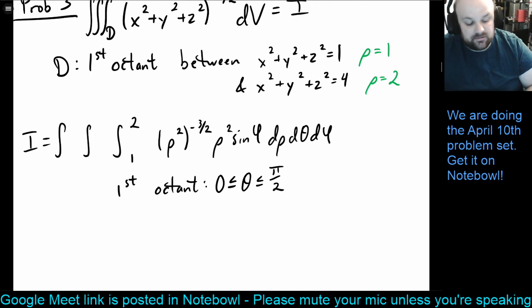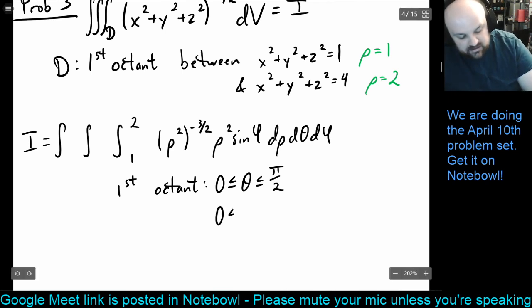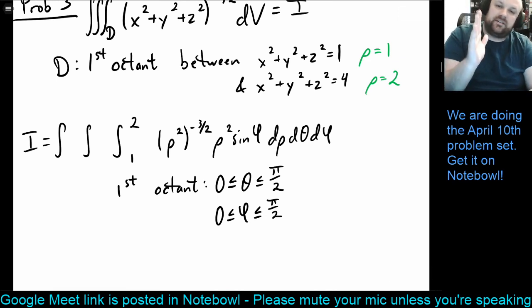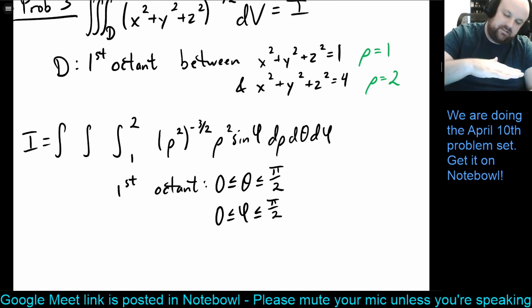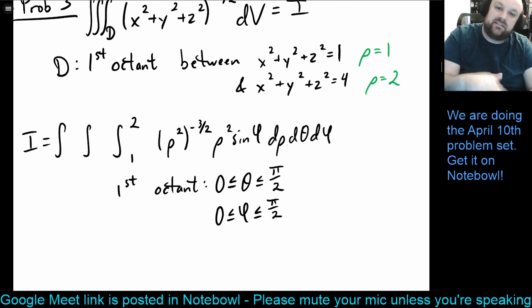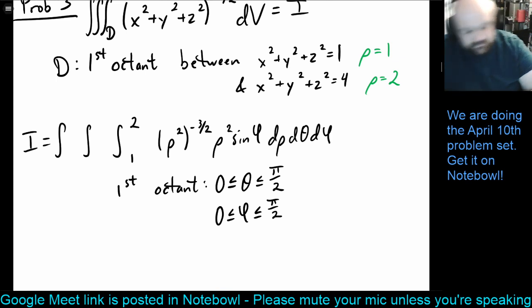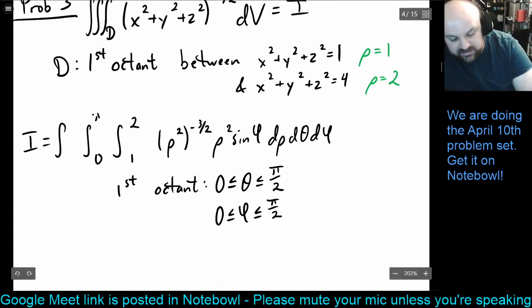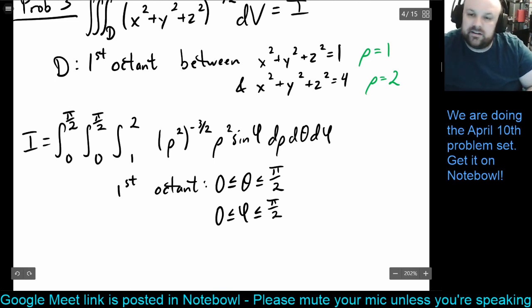That means phi is also going to go from 0 to pi over 2. If it's 0 at the very top, then by the time you tilt to pi over 2, you're in the xy plane. If you go any further, you're going to leave the first octant. So in both cases we have 0 to pi over 2. And that's all there is to it.